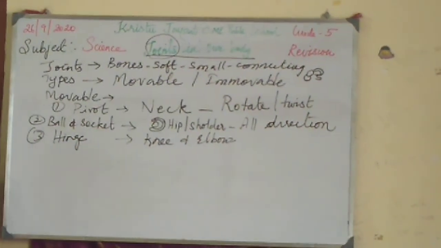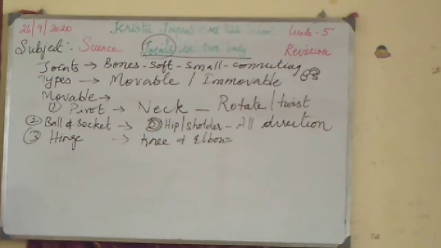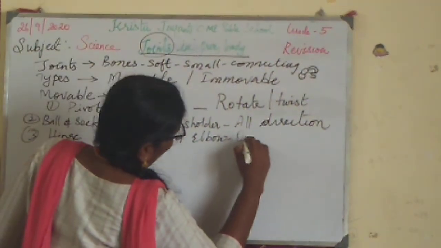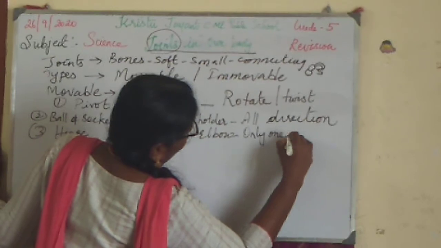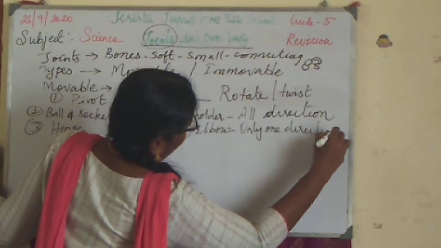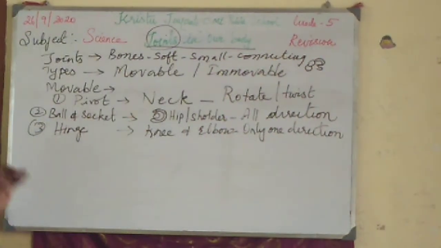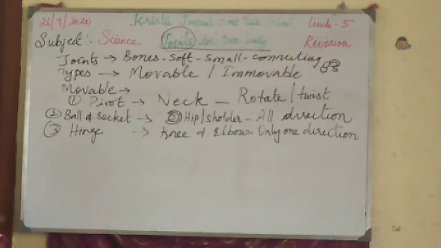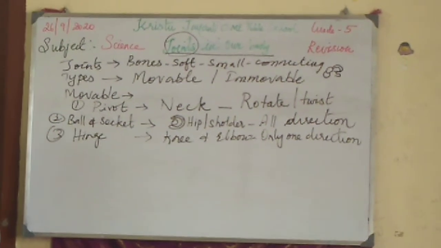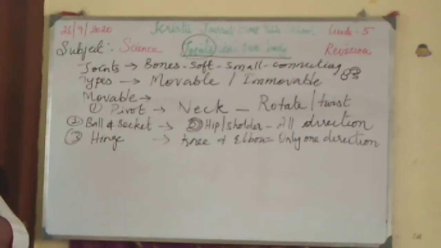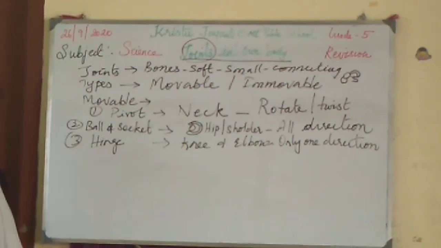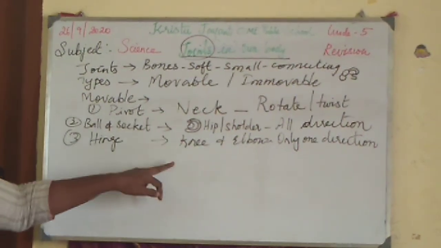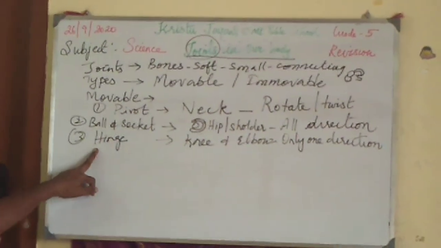Where you have hinge type of joints, in your knee and elbow, the function is only one direction, which means you can only bend your knee and your elbow halfway. See, the elbow: you fix your hand up, you can fold it to the front side. Can you fold back? No. So only one direction. If a joint helps movement in only one direction, you can call it a hinge joint.